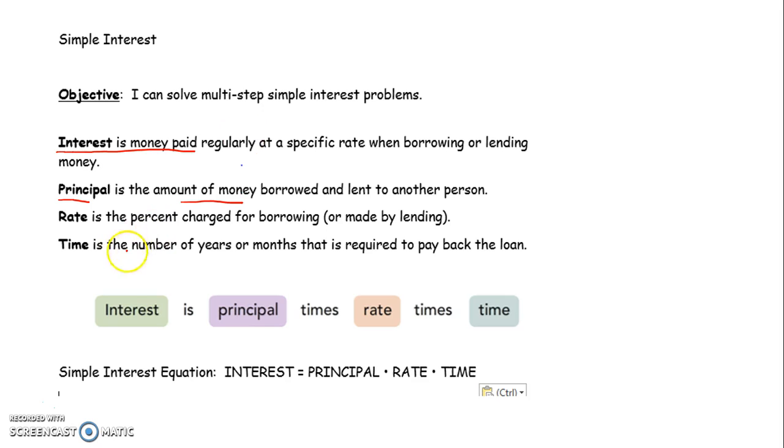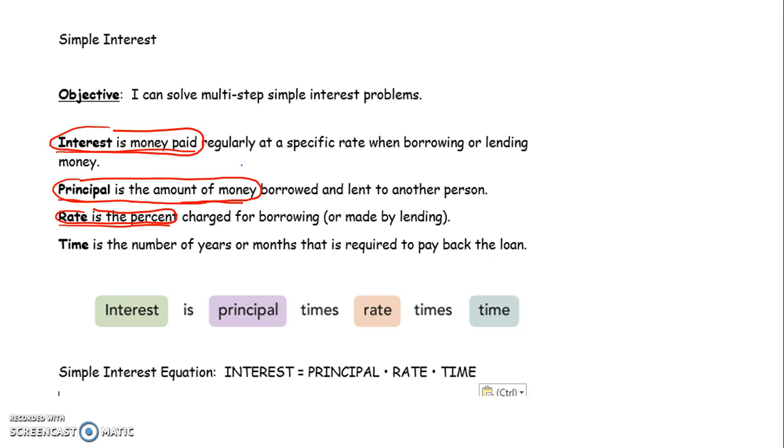Rate. When you get to rate, that is actually the percentage. So it's important to remember, principal is an amount of money. That's your original amount of money that you borrow or lend. Interest is an amount of money. That's a little bit extra money that you have to pay or that you get. And rate is where the percentage comes in.